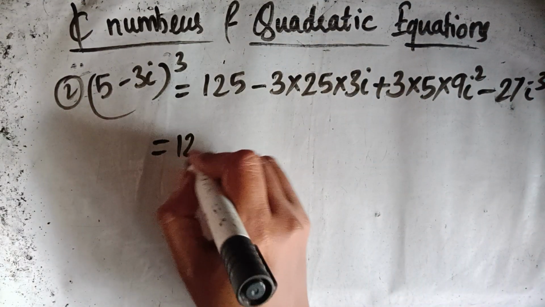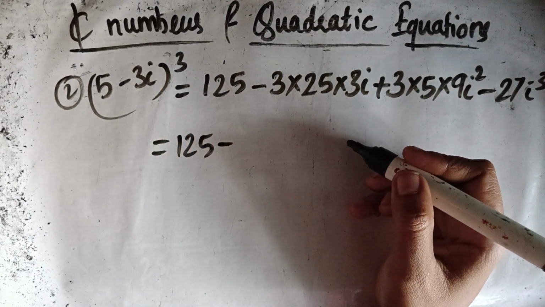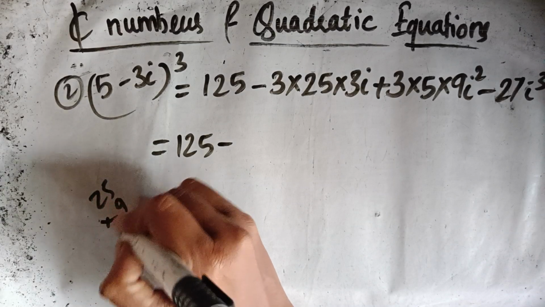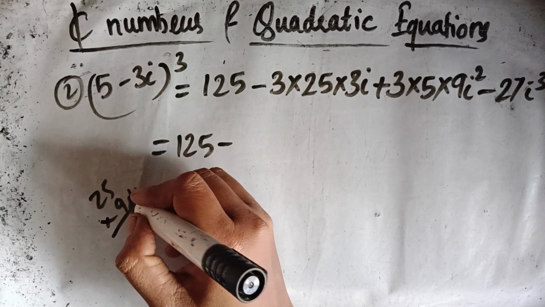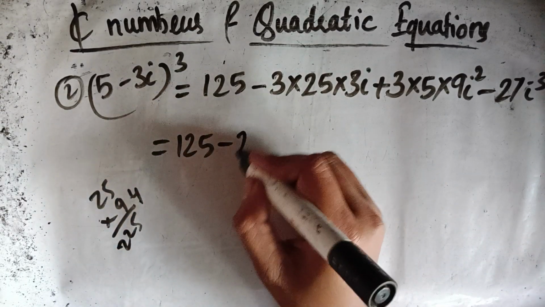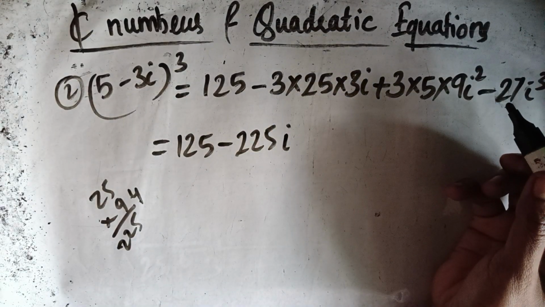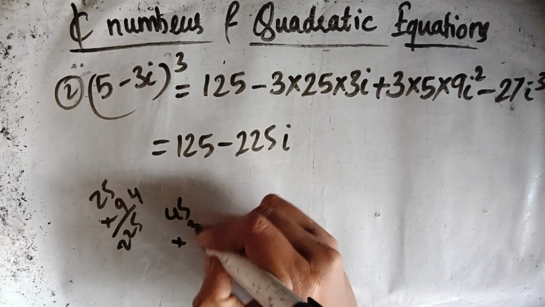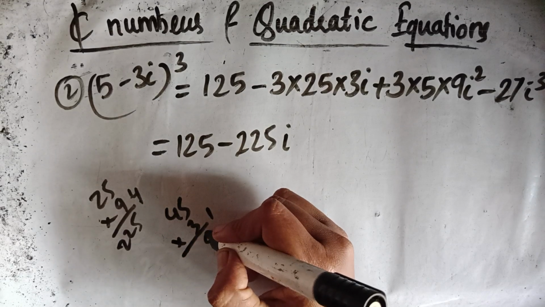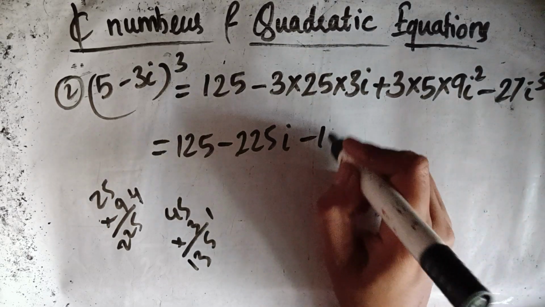Okay. 25 into 9, 225 i. 45 into 3, 135 i square, so minus 135.